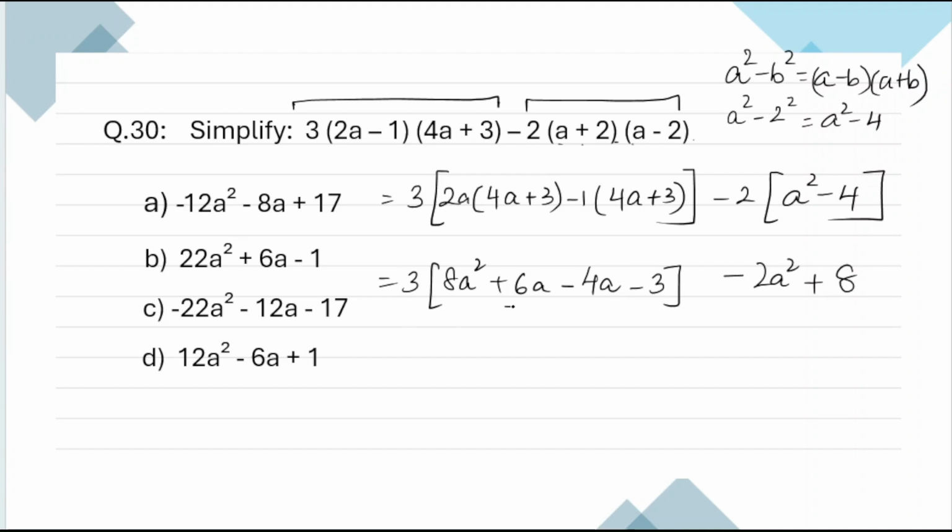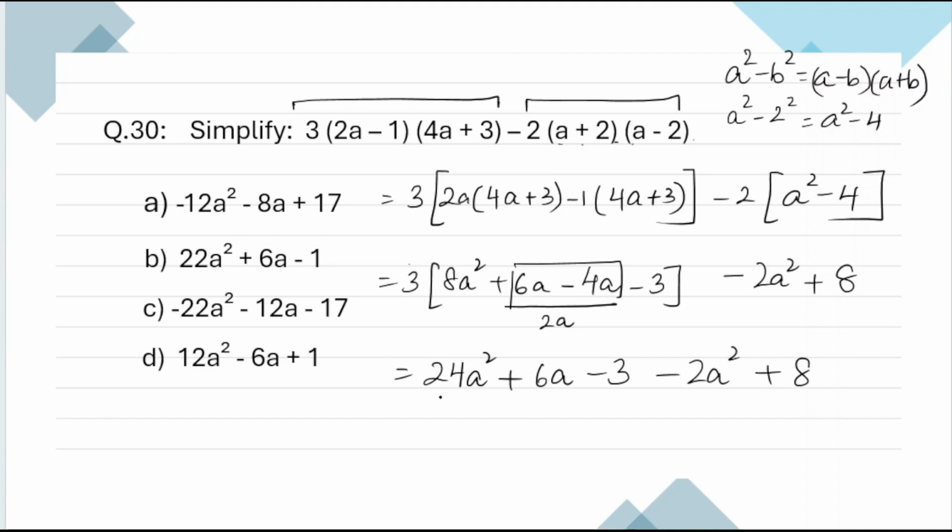Now 6a minus 4a will give me 2a. So let's multiply 3 with all the terms inside. So 3 times 8a square is 24a square. 3 times, like these two terms become 2a, so 3 times 2a is 6a, minus 3 minus 2a square plus 8.